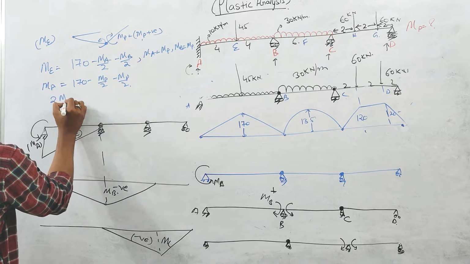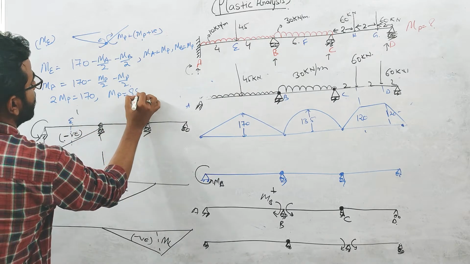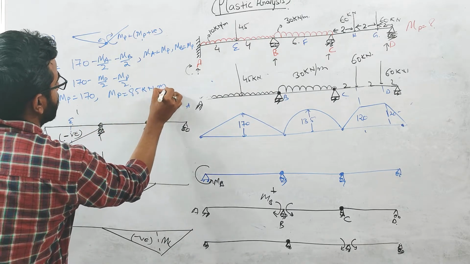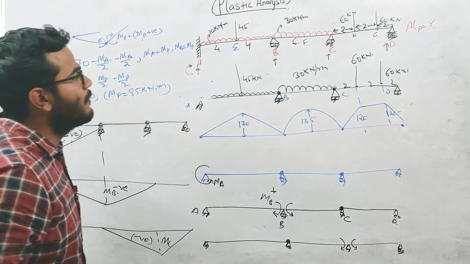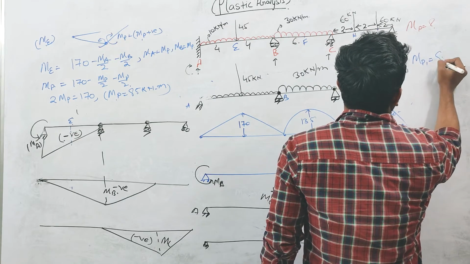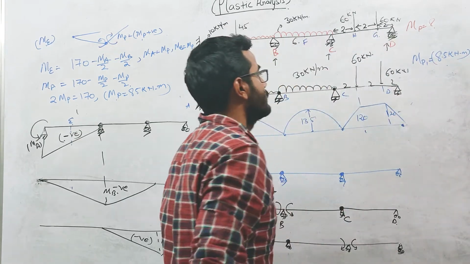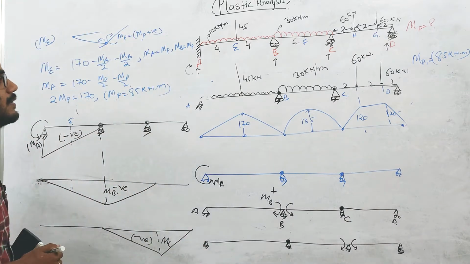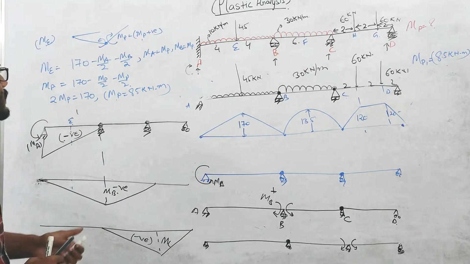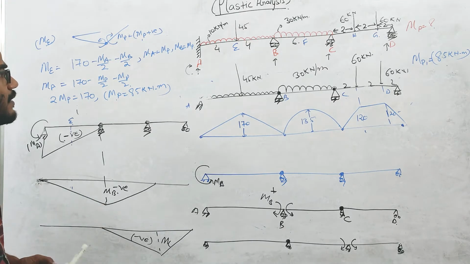So this will be 2 MP equals 170. So MP comes out to be 85 kilonewton meter. Okay, so MP1 comes out to be 85 kilonewton meter, right? There should be no doubt in how we get this MP value of 85 kilonewton meter.